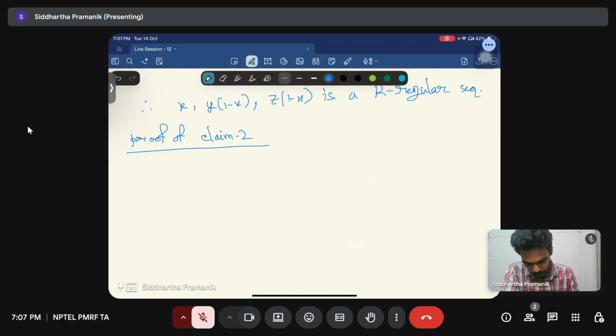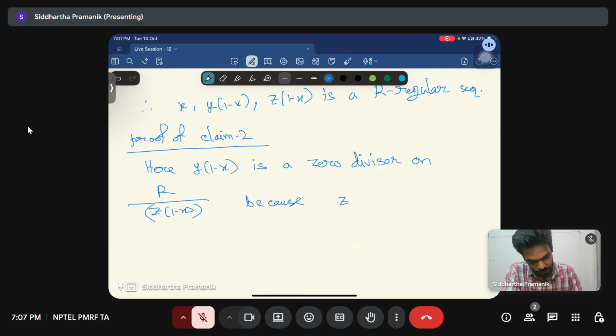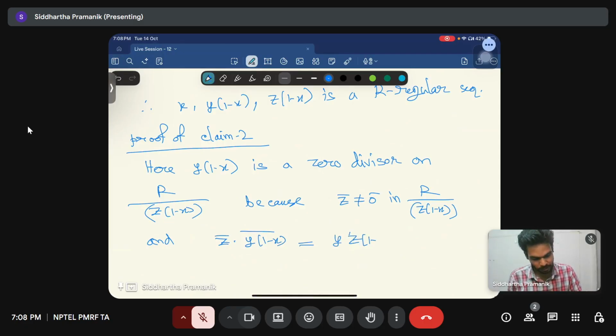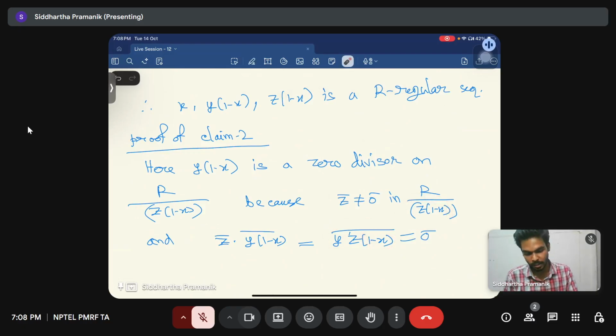So here y times 1 minus x is a zero divisor on R mod z times 1 minus x, because here z bar is not equal to 0 bar in R mod z times 1 minus x, because z is not in this ideal, and z bar times y times 1 minus x is the same as y times z times 1 minus x, which is 0, because this element is in this ideal, so this is a zero divisor.